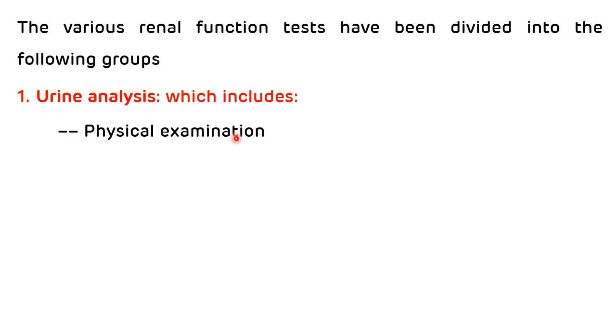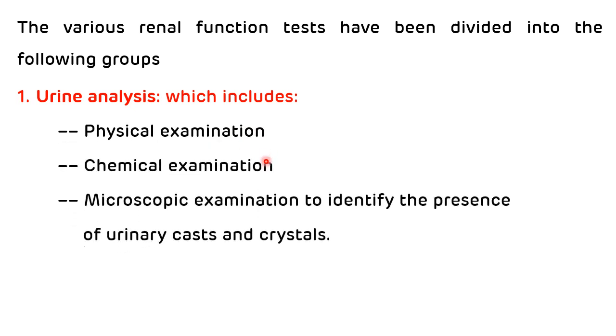The various renal function tests have been divided into the following categories. First one is urine analysis, which includes physical examination, chemical examination, and microscopic examination to identify the presence of urinary casts and crystals.